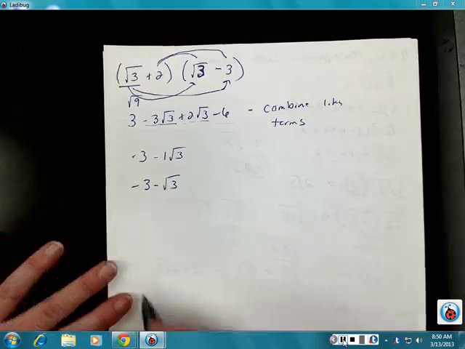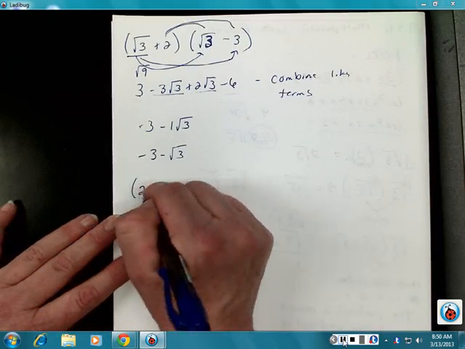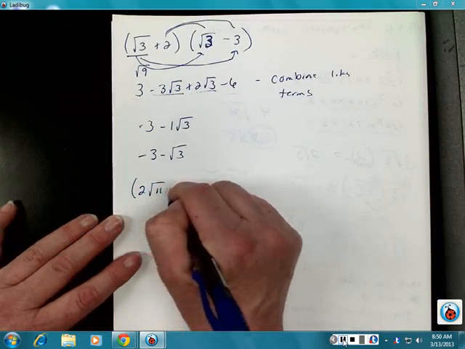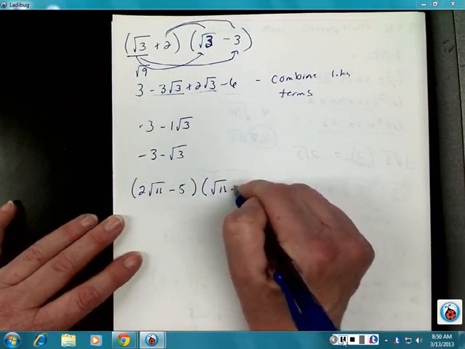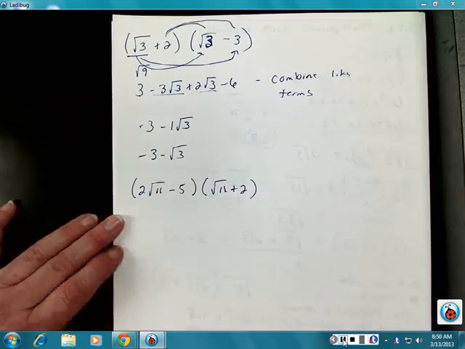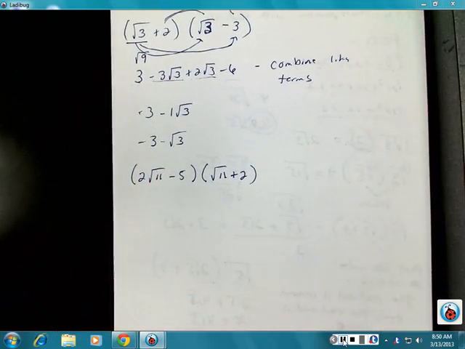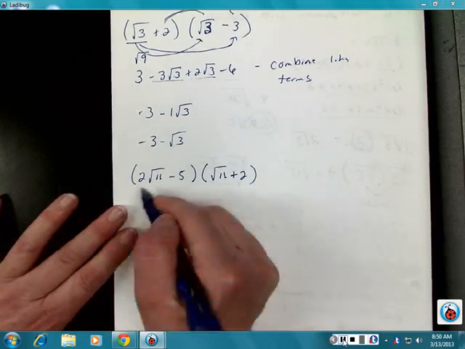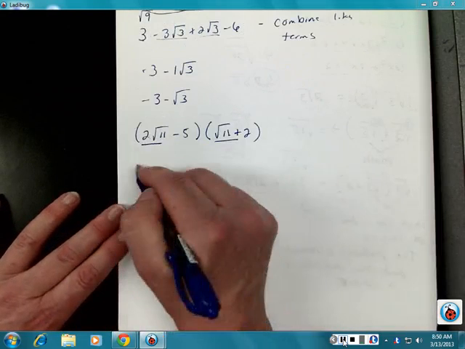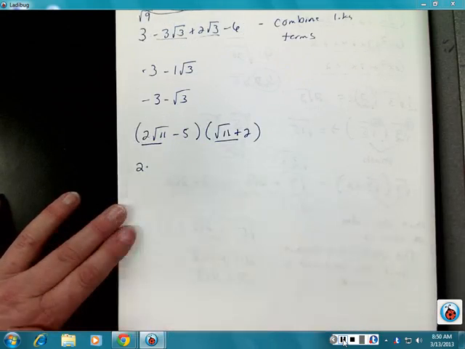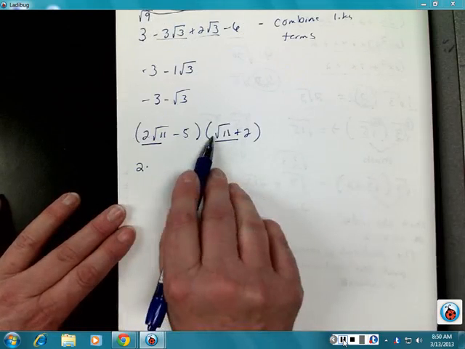Yep. So let's do another one of these. 2 square root of 11 minus 5 times the square root of 11 plus 2. So what do we get out of this whole thing? First term times first term. So what am I left with? I'm left with 2 times 1, because 2 is times the 1 in front of this.